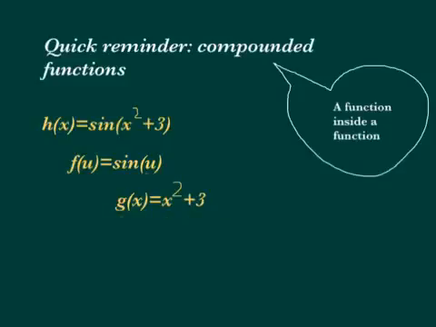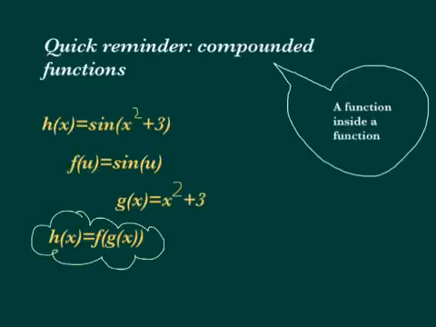We can write h(x) equals f of g of x, so we've got g inside f. f is sine, g is x squared plus 3. Altogether, the function is sine of x squared plus 3.